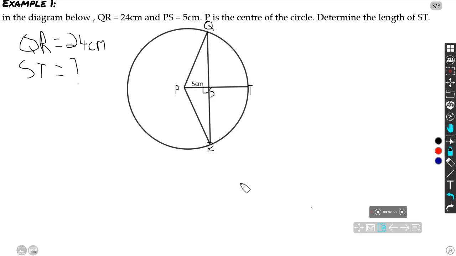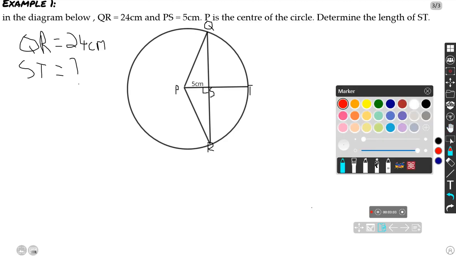I want you to pause the video and note which one is your radius, which one is your chord, because those are the only things that I see right now. But okay, pause. Now, can you see that you need to solve the diagram on its own?